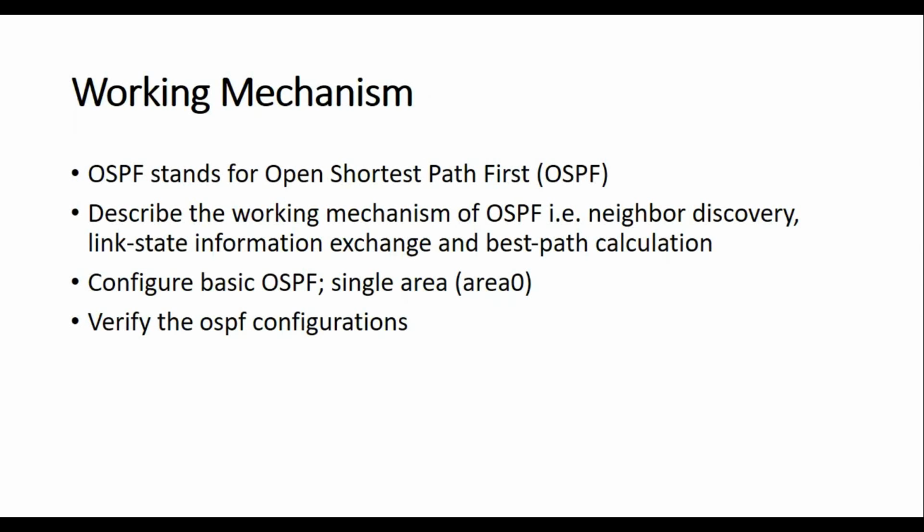One step is neighbor discovery. The other is link state information exchange once the routers discover each other as neighbors. And then from the link state information exchange, they calculate the best path, and the best path is installed in the routing table.